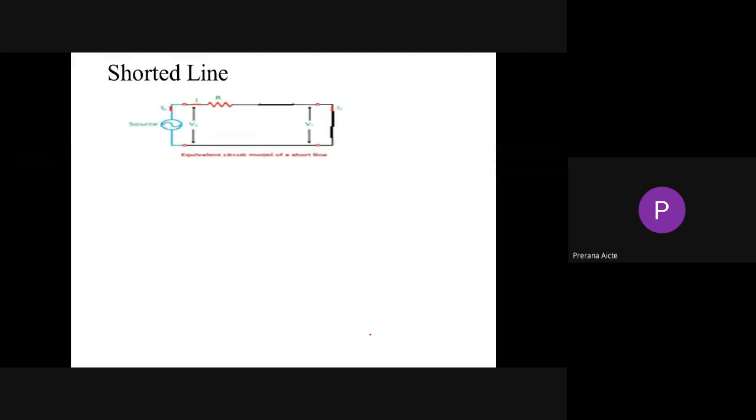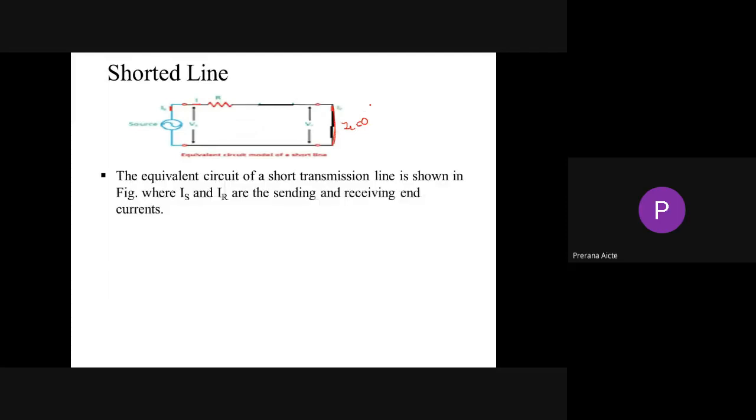That we have to see now. In the short circuited transmission line, the load impedance Z of L is equal to zero. This is the short circuit, so Z of L is zero. Now, the equivalent circuit of a short transmission line is shown in the figure.